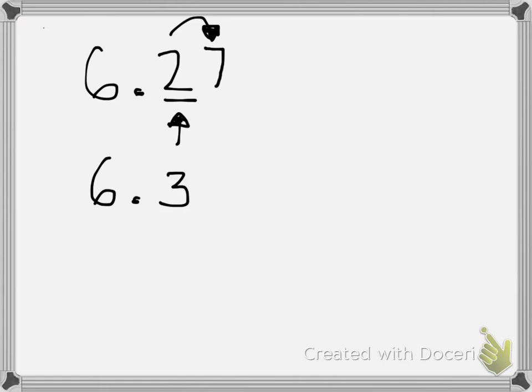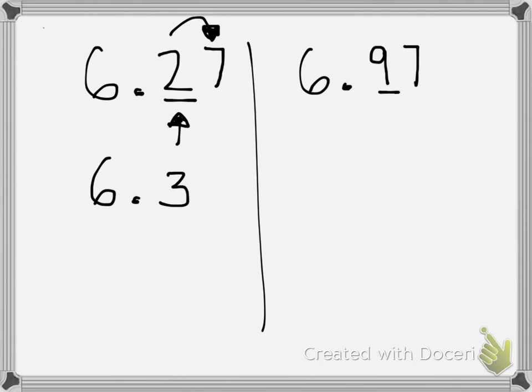Sometimes we would have one that will change even our whole number out front. I'll do my 6 again, but this time it's going to be 6.9, and if the direction said round to the nearest tenth, well, again, I'd look to my neighbor. It's a 7, it tells me to go up. 9, well, 9's going to go up. What's it going to go up to?